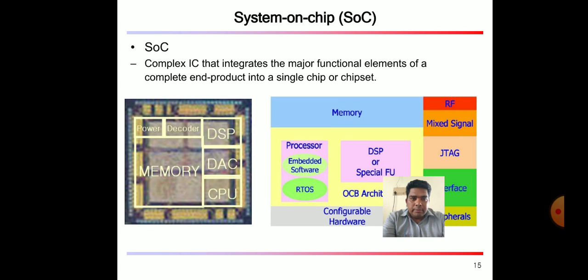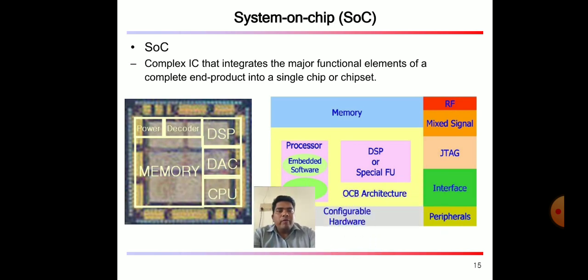You can see in the picture that it has memory, DSP, DAC units, and embedded software, RTOS. So everything is integrated in the chip. That is a complex IC that integrates the major functional elements of a complete end product into a single chip. So these are integrated in single chips in the ARM.